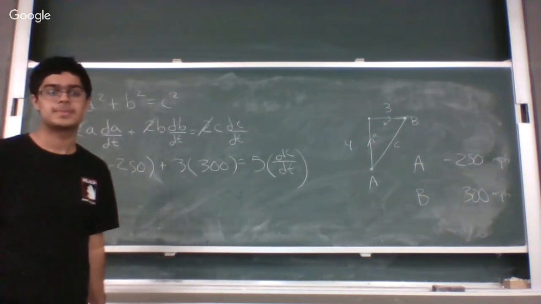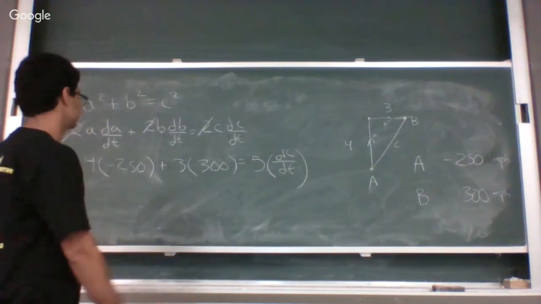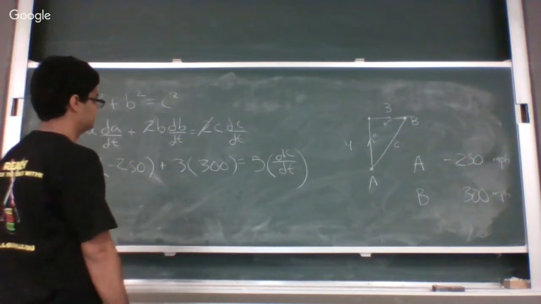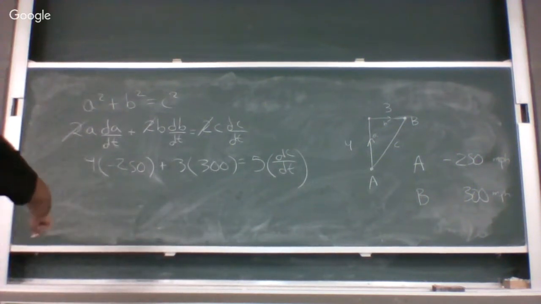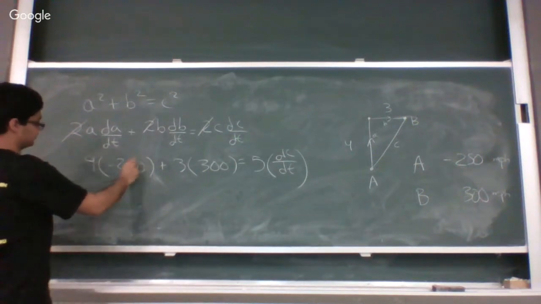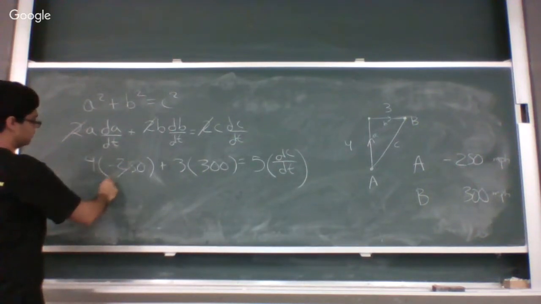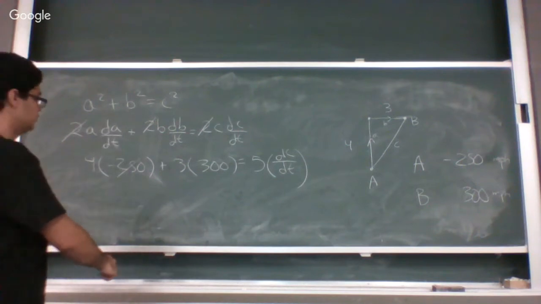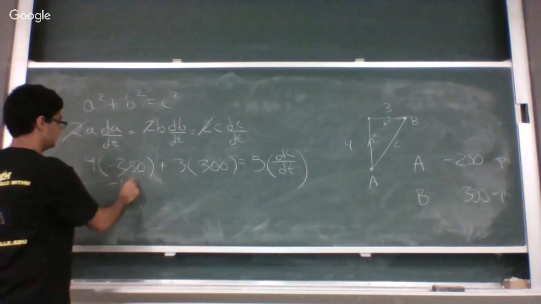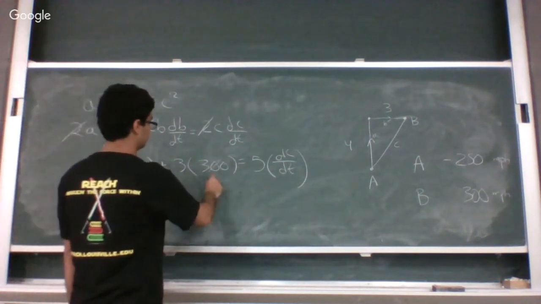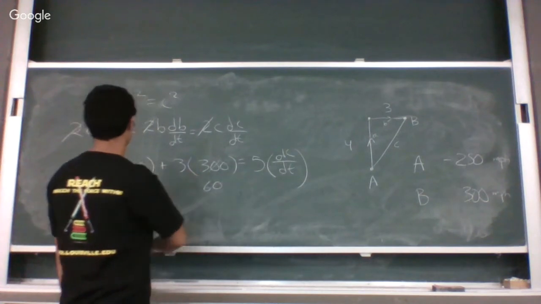We divide everything by 5. This would be negative 1,000 plus 900, which is negative 100, divided by negative 100. This would be 60.